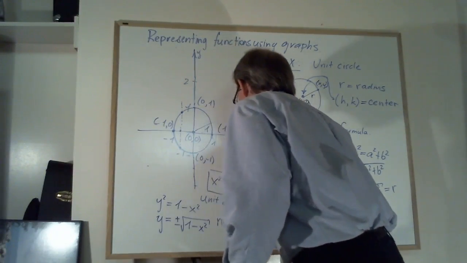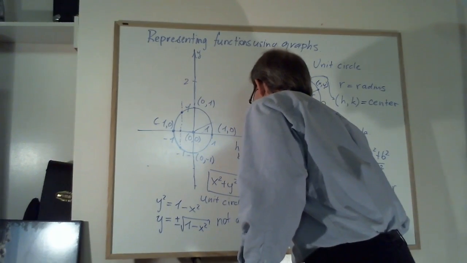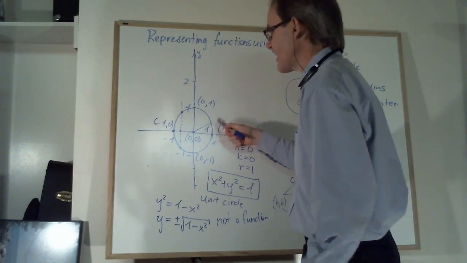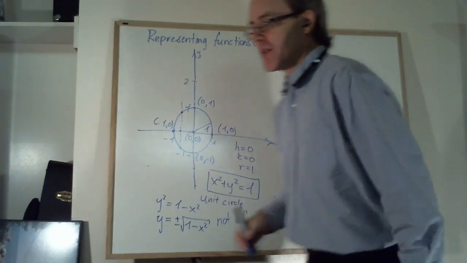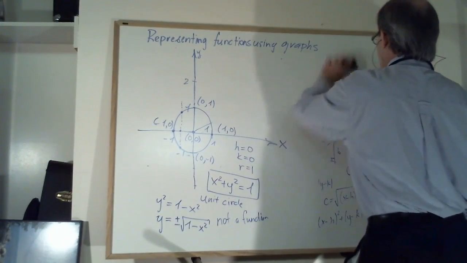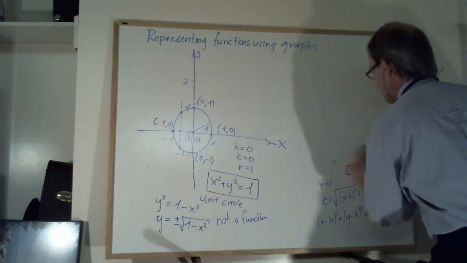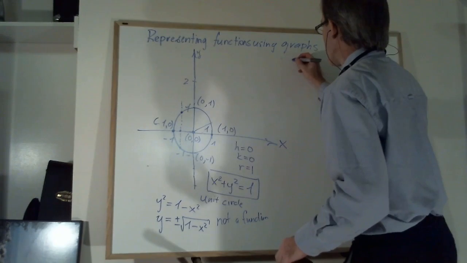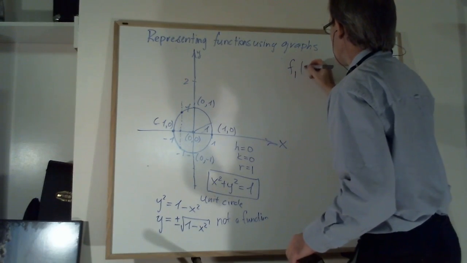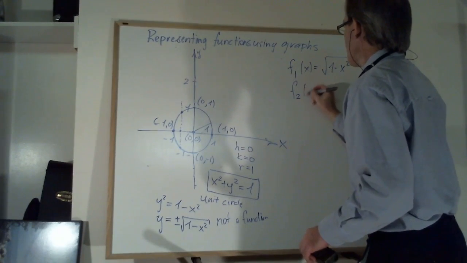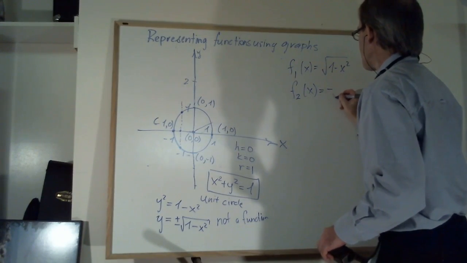But I can take one of these two, call them branches. I can take the upper branch, and that is a function. So that positive square root by itself, the upper branch, is one function, and then the other function is the negative square root.